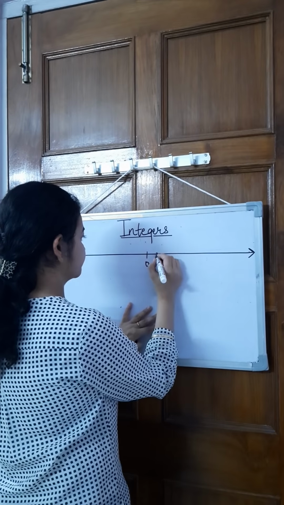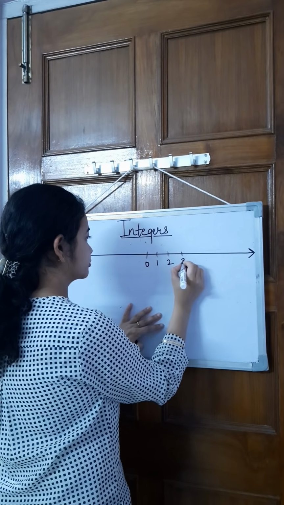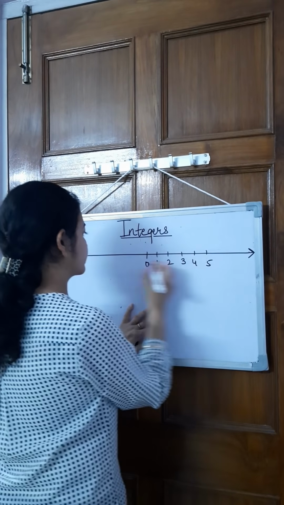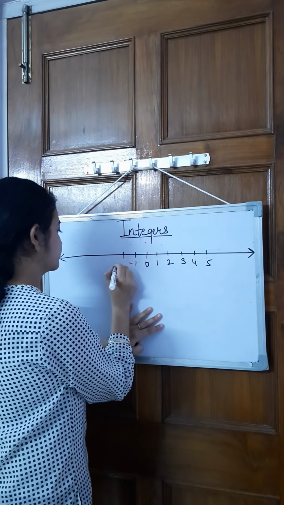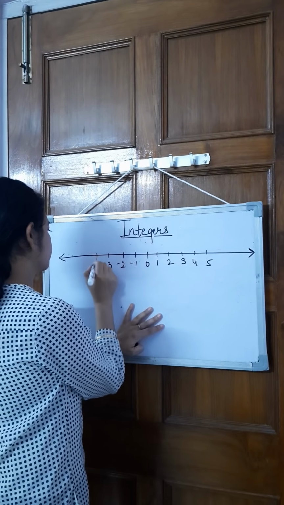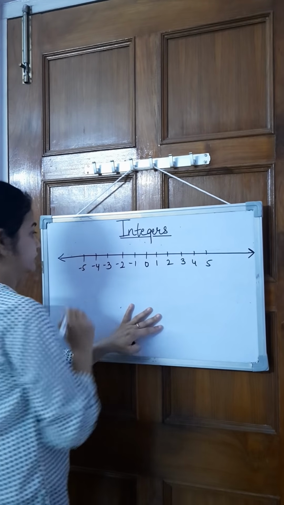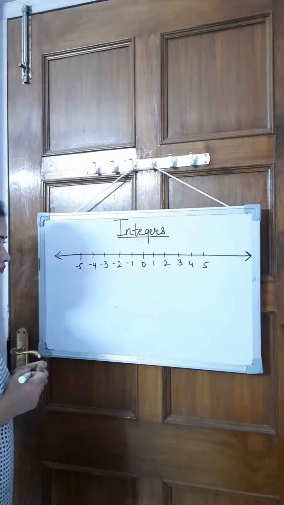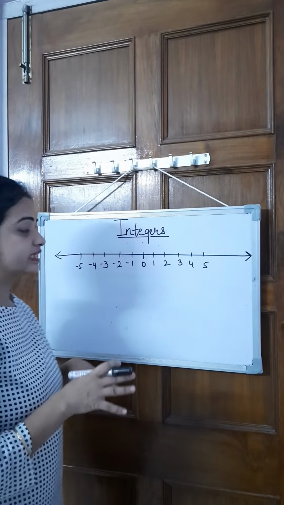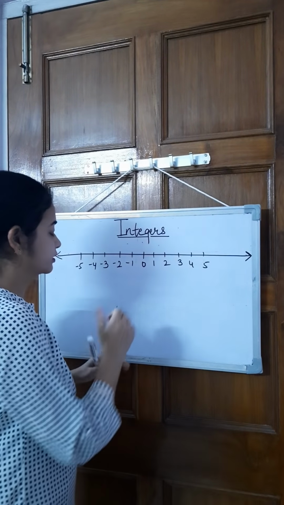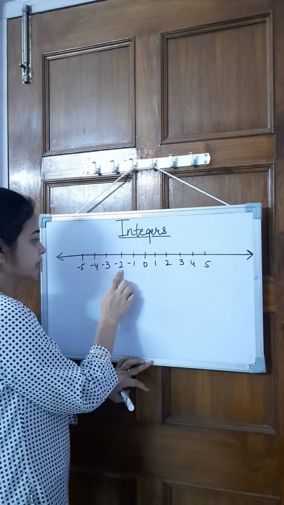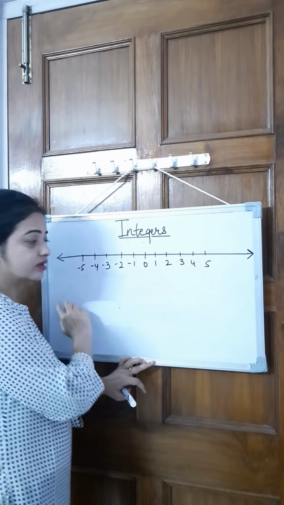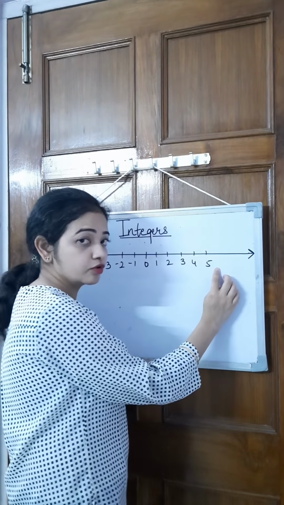Then 0, 1, 2, 3, 4, 5, -1, -2, -3, -4. Okay. Now what we can see here is that -1, -2, -3, all these are negative numbers and all these are positive numbers.